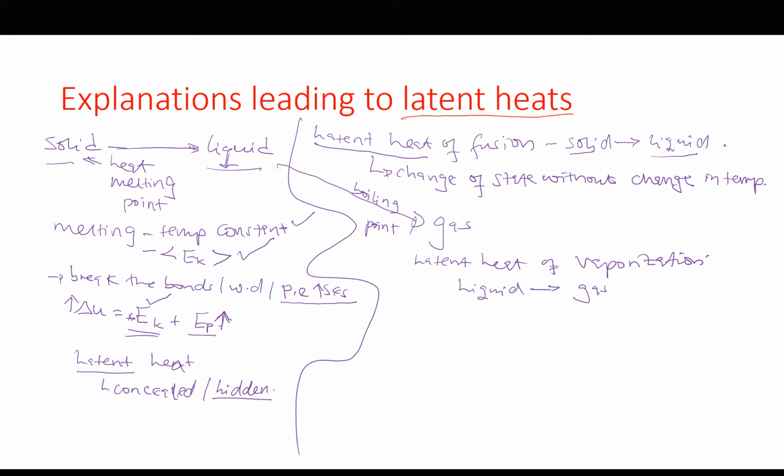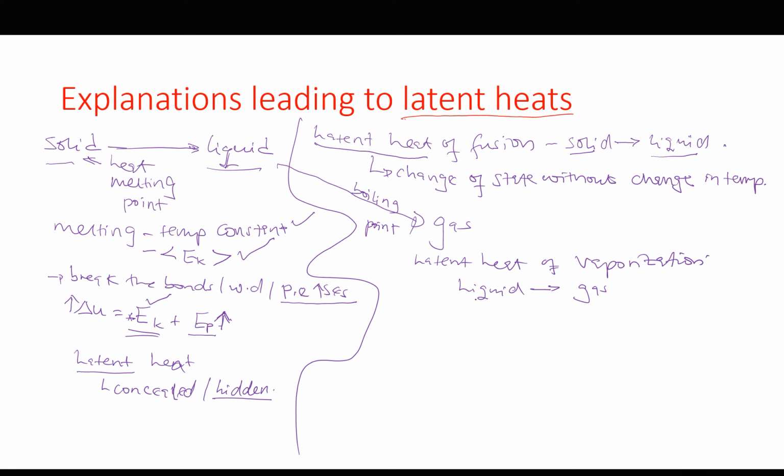One of the assumptions of the kinetic theory is that for an ideal gas, there are no forces between atoms or molecules because the forces are actually negligible. That's why we say the potential energy due to the forces is going to be negligible.